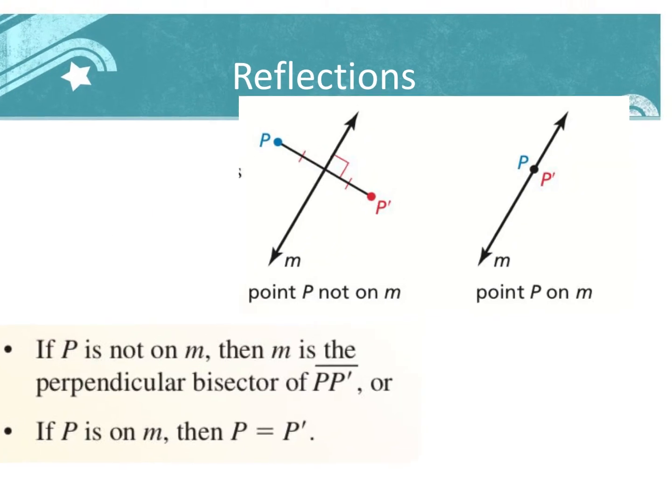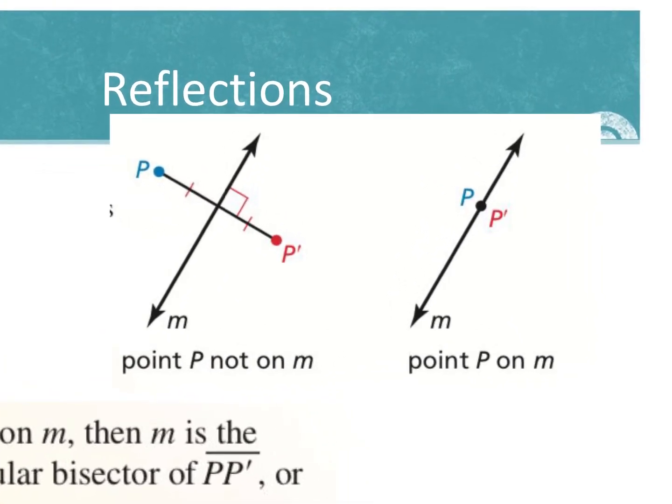Now, what I want you guys to distinguish, and don't write anything down just yet, is just look up here. This point P, the reflection P prime is at the exact same point if it was reflected over our mirror, the line M. Why? Because P lied on the mirror.